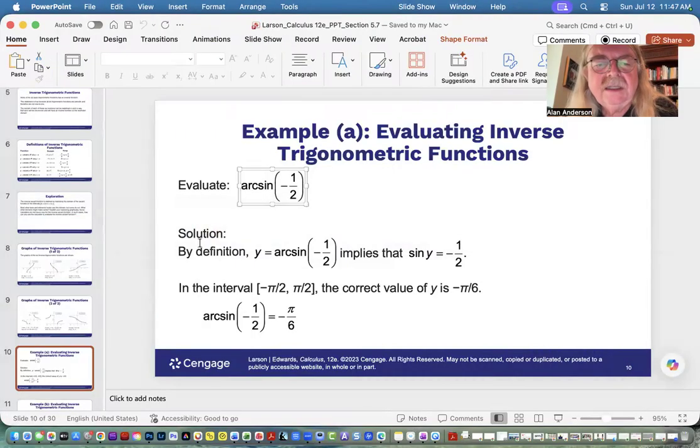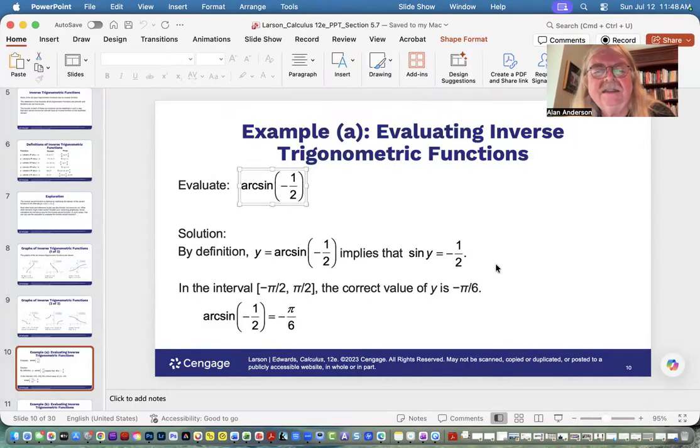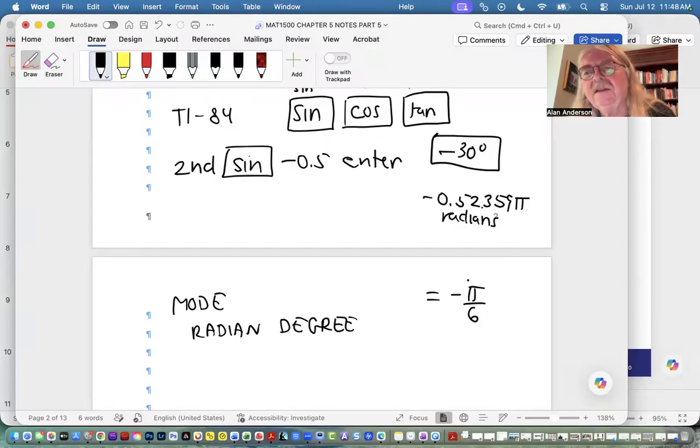Oh, what do you know? It says here that it's pi over 6. Is that right? Let's try it. Well, what do you know? That's exactly it, I didn't recognize it. Negative pi over 6. So if they want the answer in radians, it's negative pi over 6. If they want degrees, it's negative 30. So it's just a question of making sure you're in the right mode.